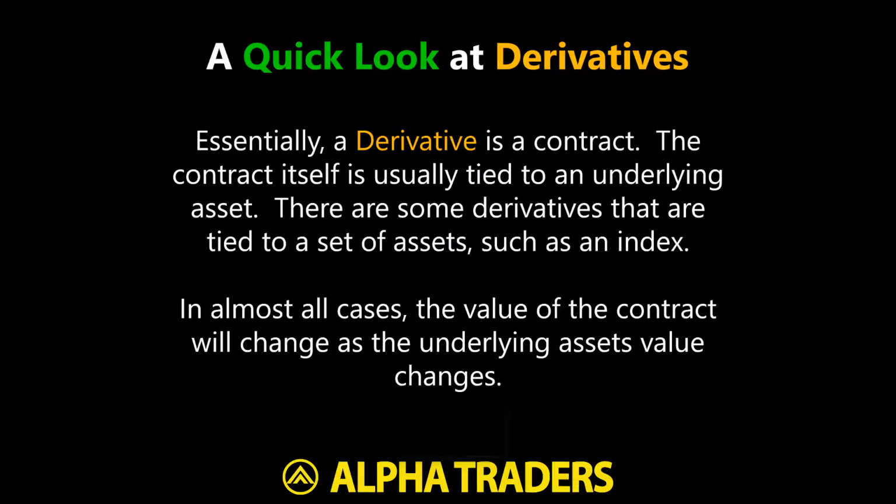But again, based off the S&P 500, meaning these contracts are tied to an underlying asset. And that underlying asset would be the S&P 500, which is not one particular asset, but 500 different assets all wrapped together in an index. So in almost all cases, the value of the contract will change as the underlying asset's value changes.